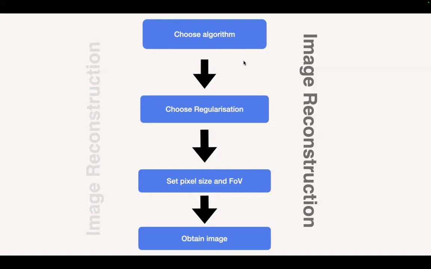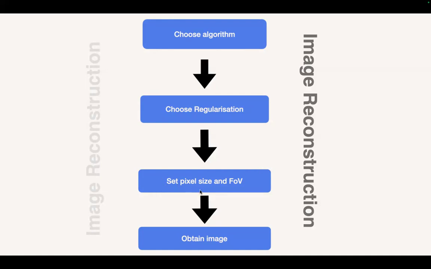Secondly, once you practically start to do this, you have to choose something known as a regularization. The regularization really just weighs the model against the data. So what you're doing effectively is minimizing a cost function: how much weightage do you give to your chosen model as opposed to your data?